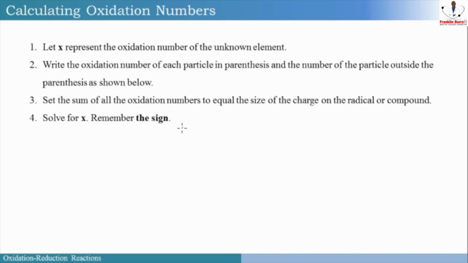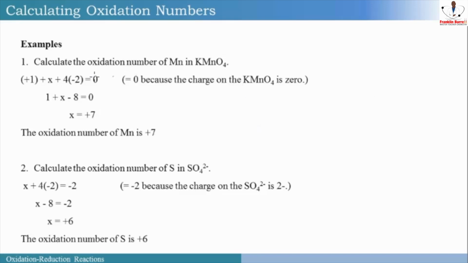Let's start some calculations. Here we have potassium permanganate, and we want to find the oxidation number of Mn. So that is our unknown. So what do we do? Well, we know that K, potassium, is present in group 1, so it will have a +1 charge.